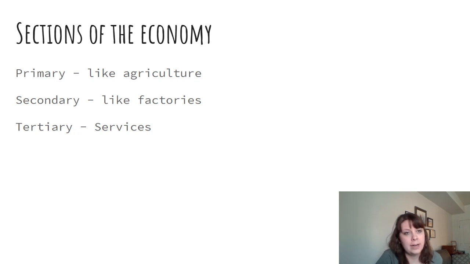So primary, secondary, tertiary. So our primary sector of the economy is kind of like the closest to the earth, right? It's getting your raw materials. So primary sector things would be like mining for coal, mining for iron, mining for copper, growing tomatoes on a commercial scale, and growing wheat, right?